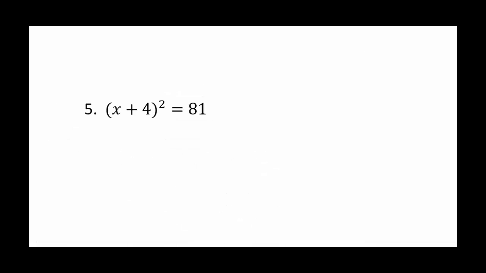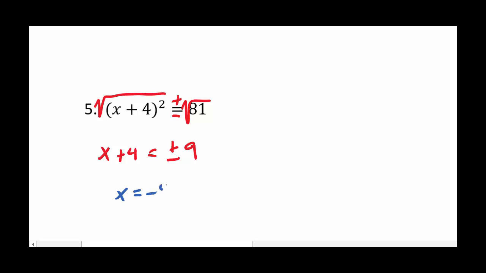All right, number 5 is another great one for quadratics. In this case, we're going to use the square root method, which says I can take the square root of both sides, but I do get plus or minus. So in that case, if you take the square root of a square, that cancels out the symbol, and you're left with x plus 4. And here we get the square root of 81, which happens to be 9.